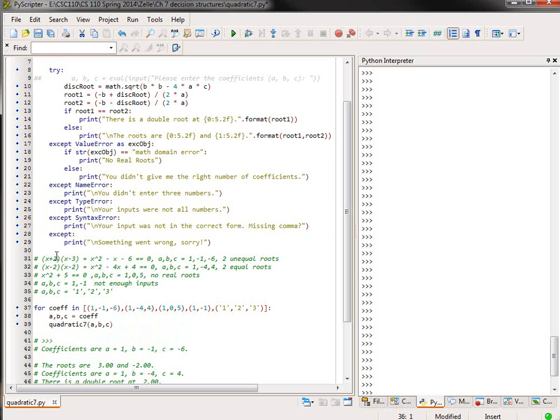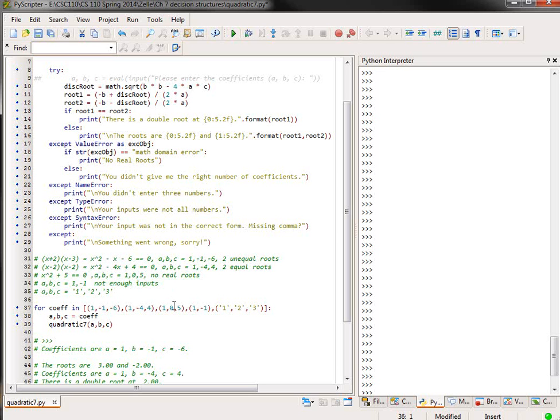That corresponds with this first situation that I have commented out here, where you have two unequal roots. In fact, you can see from here that you have minus 2 and 3 as the two roots. The second one would be 1, minus 4, 4, which corresponds to this second situation where you have two equal roots.